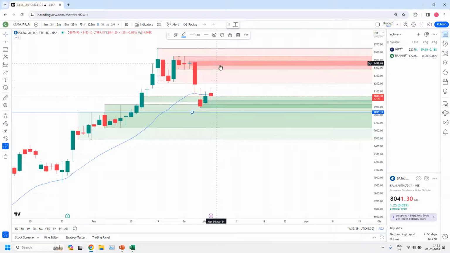Because many people will reject this trade, thinking that the current ITF direction is from demand zone to supply zone. When prices are traveling from demand zone to supply zone at ITF, we should go for long trades. But actually what's happening? The price direction gets changed the moment it enters into the ITF supply zone.